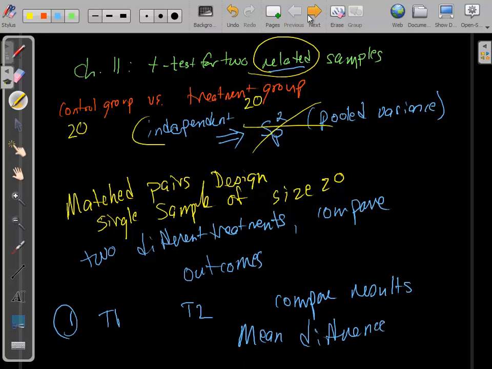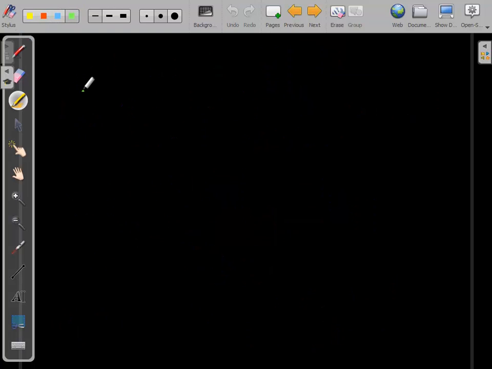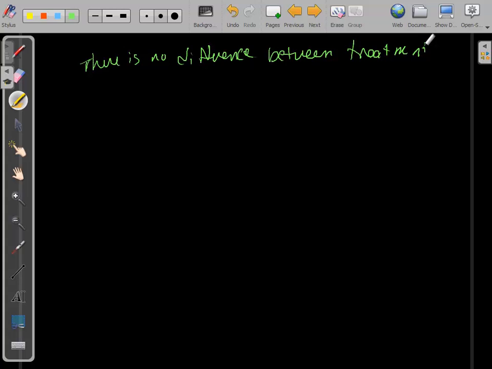And so the way this is going to work for our hypothesis test, let me back up. Our initial assumption for our hypothesis test is that there is no difference between treatments, and that's the same basic assumption we had in chapter 10 for that hypothesis test.